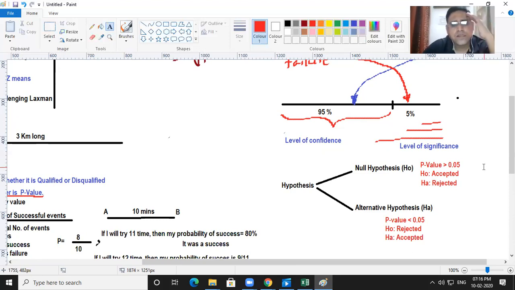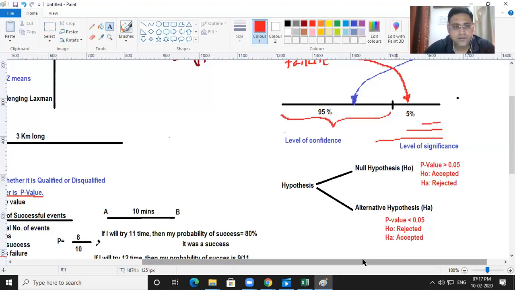He was not able to hit even 4 sixes in 6 balls. Because we both agreed on 4 sixes in 6 balls, but he couldn't make it. He hit only 2 or 3 sixes in 6 balls. So in that case, what Lakshman said, that H naught, the null hypothesis, was rejected. What he proposed is rejected.